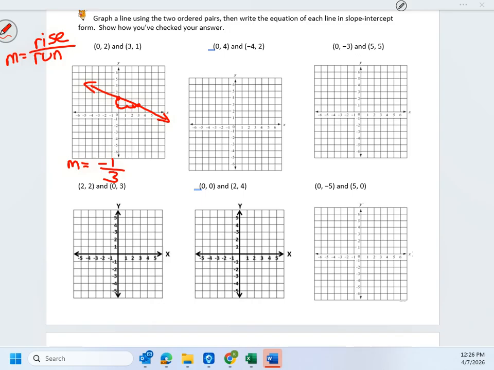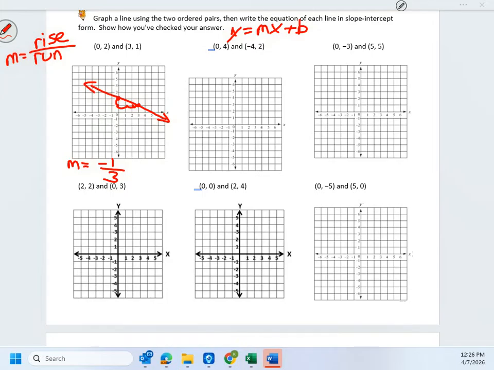What do you think we should do next? Remember, we want to put it into that slope-intercept form. So I know my slope. What do I need to figure out next? The y-intercept?